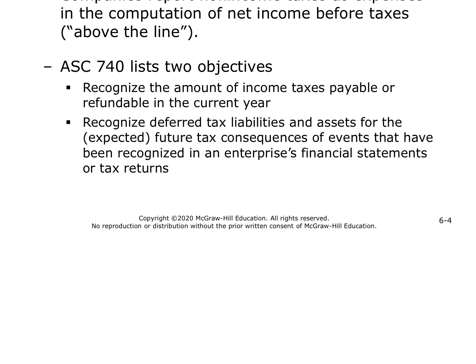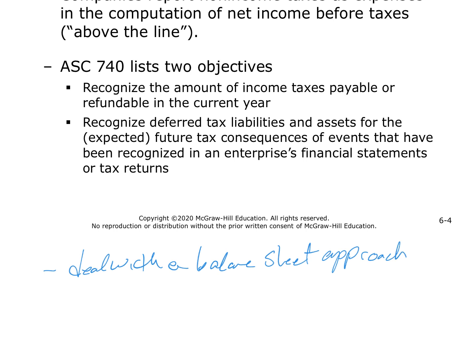Okay, it's important to remember that both of these objectives deal with a balance sheet approach. Okay, they're not really dealing with the income statement. They're dealing with assets versus liabilities. All right.